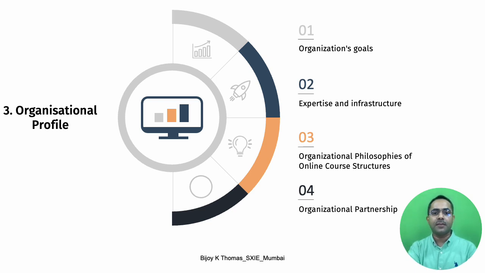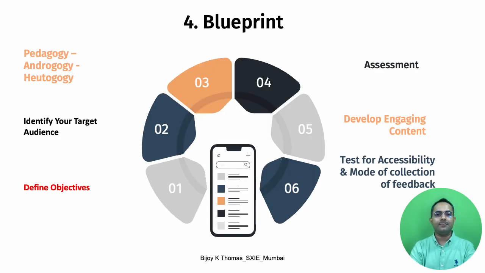The developer adheres to all these guidelines for the development of e-content. Knowledge of organizational profile and organizational philosophy for online course structure is important for a developer to make proper decisions to develop e-content effectively.